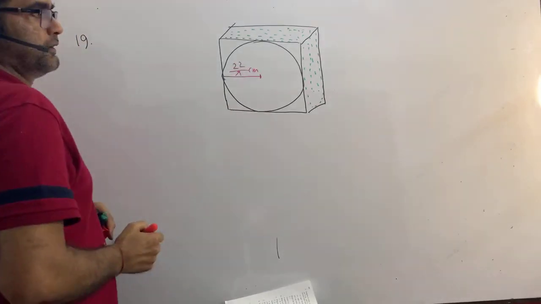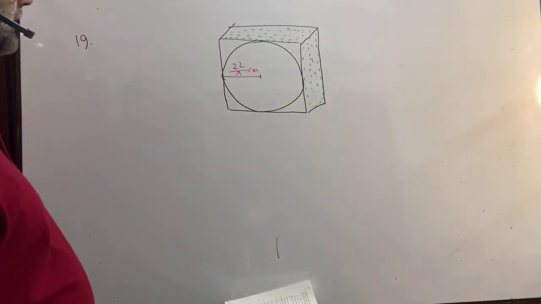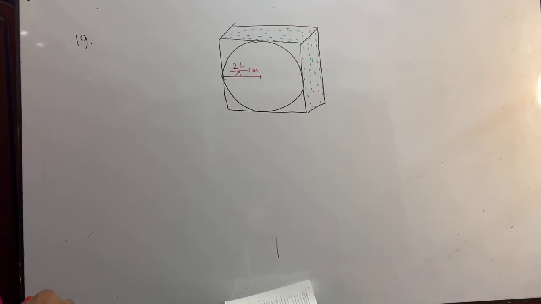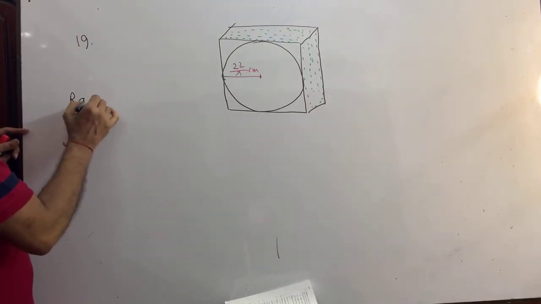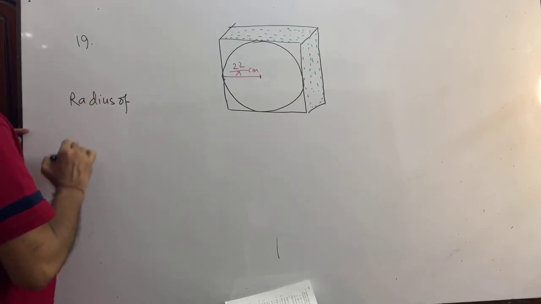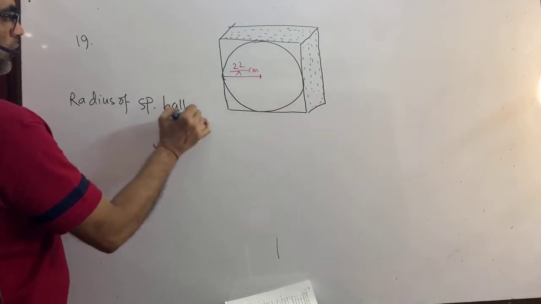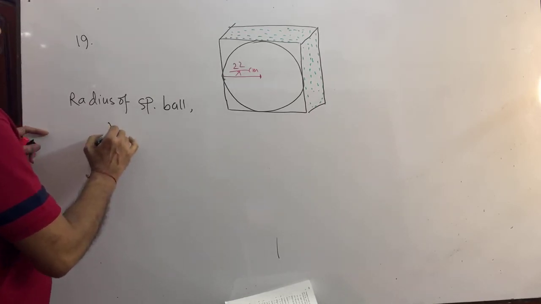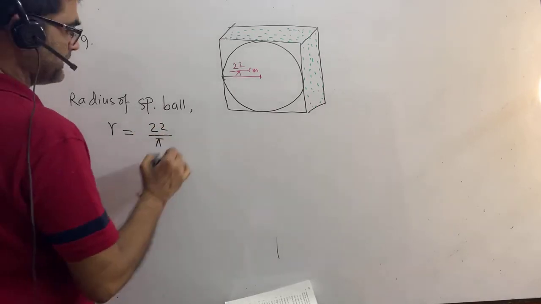Okay, and we have to find the volume of the unoccupied portion. Okay, that's good. So write down the radius of the spherical ball, r is equal to 22 by pi centimeter.